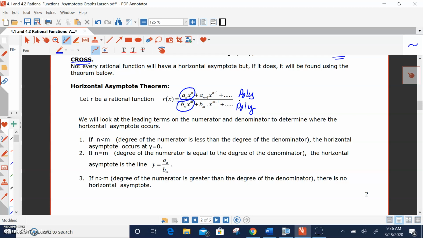What I mean by leading term is the term with the highest degree. So we need to make sure that these polynomials are written in descending powers. Highest power first, and so on. I think in the homework you're going to come across some where it's not written in descending powers.